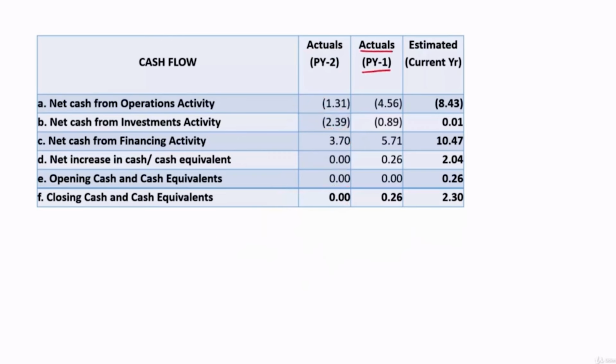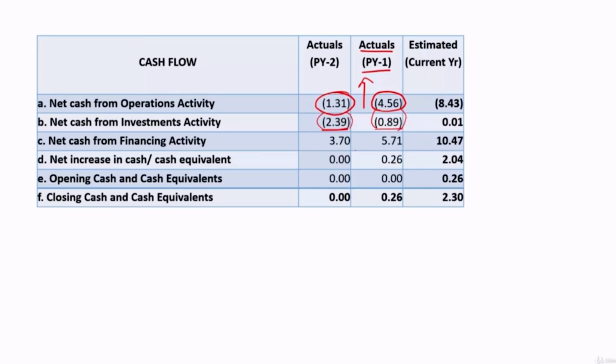Previous year 1, their negative cash flow from operational activity increased. Previous year 2 it was 1.31 crore, but now it increased to 4.56 crore negative cash flow. And if you look at the cash flow from investment activity, negative cash flow previous year was 2.39 and this year it has come down.